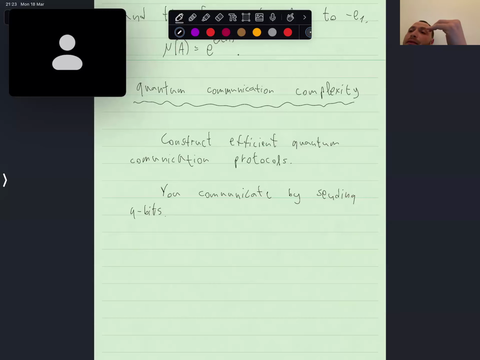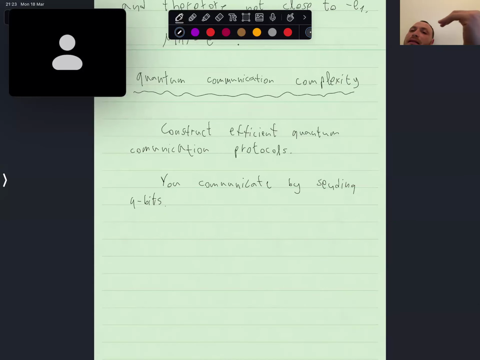And then you would like to design experiments that show that some things are easy to do using actual qubits but hard to do classically, or trying to obtain separations between these.